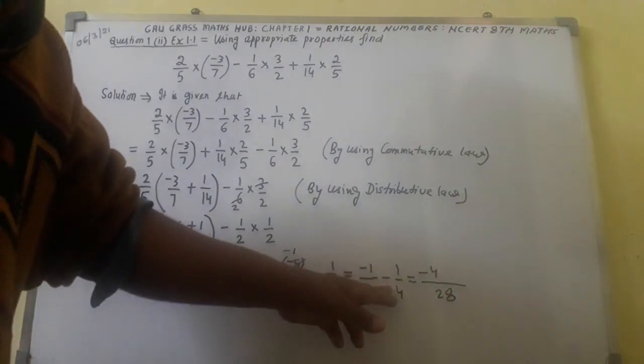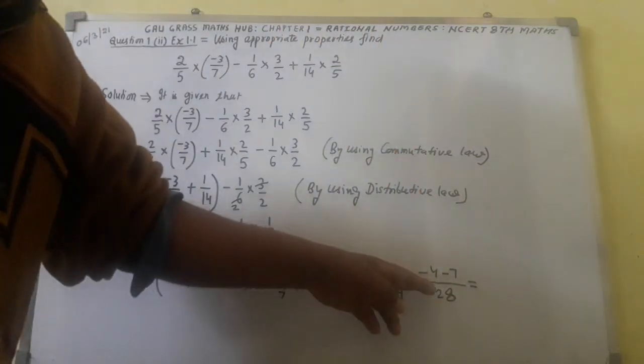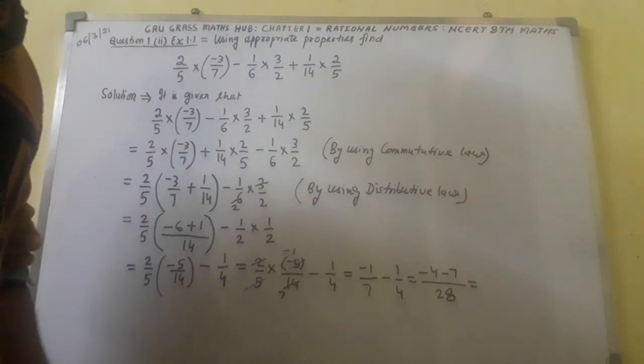We will get minus 4. And here minus 1 will be multiplied to 7. We will get minus 7. Minus 4 minus 7 will be added together. We will get minus 11 over 28.